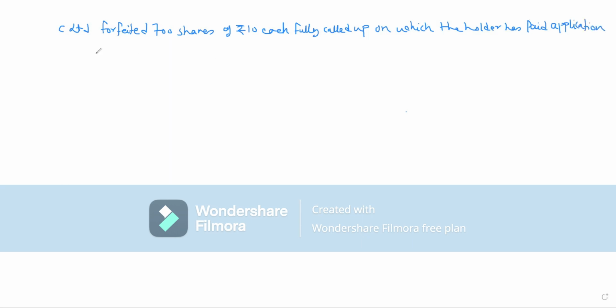and allotment money at rupees 2 per share.